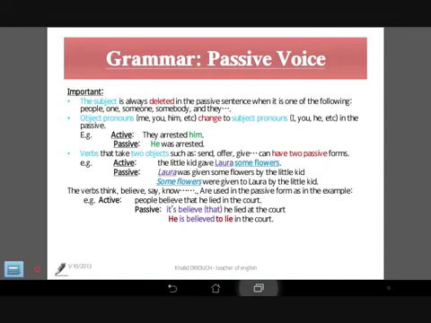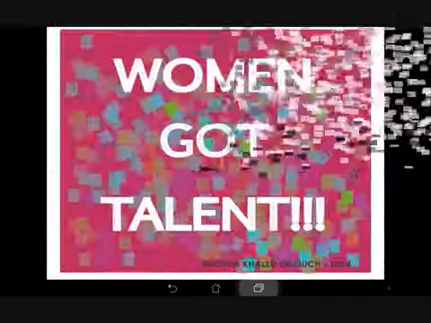The first one, which is really easy: it's believed that, it's thought that, it's said that he lied in the court. The second one, we start with he, which was the subject in the active sentence. And then we say he is believed, he is thought, he is said, plus the infinitive form of the verb in the active sentence, to lie in the court.